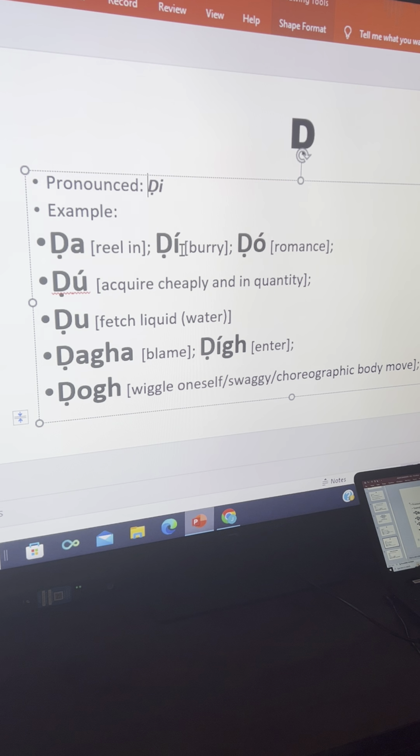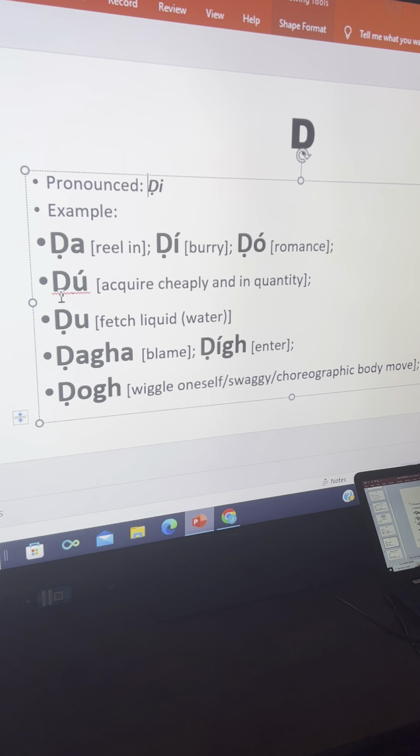Again, this is D, not D. D, E, D, but that is not really a word. It's just the pronunciation of the alphabet. So again, mark the difference between D that is tone mark and D that is not tone mark. The one tone mark is D. The untone mark is D.